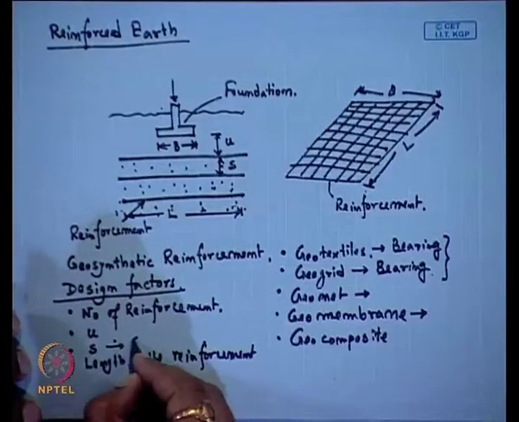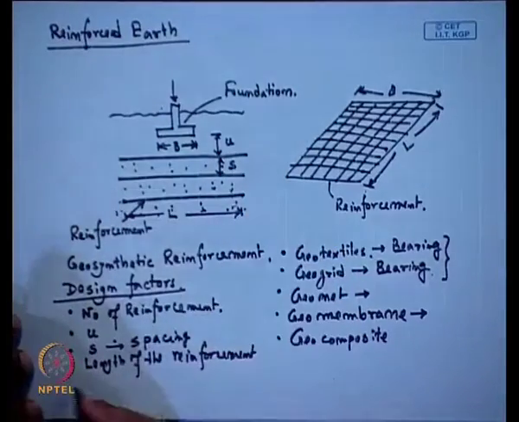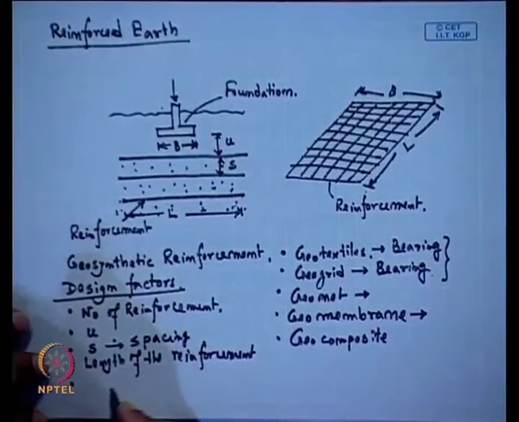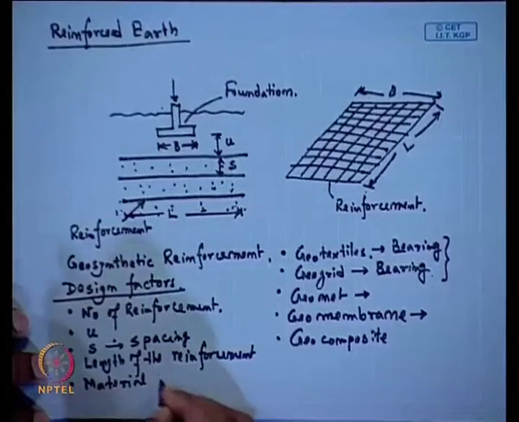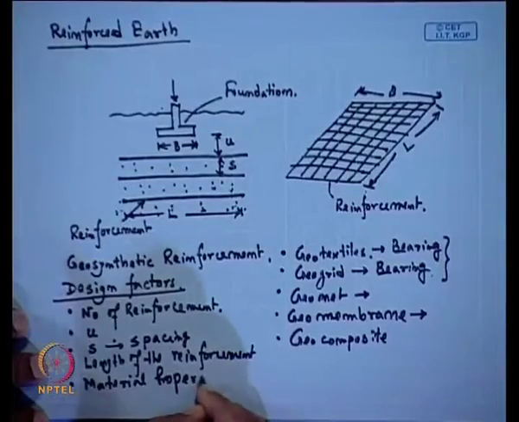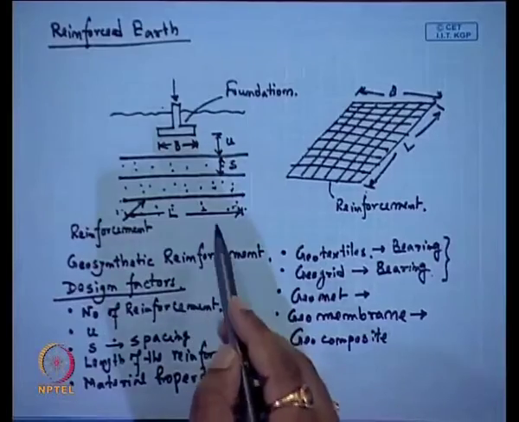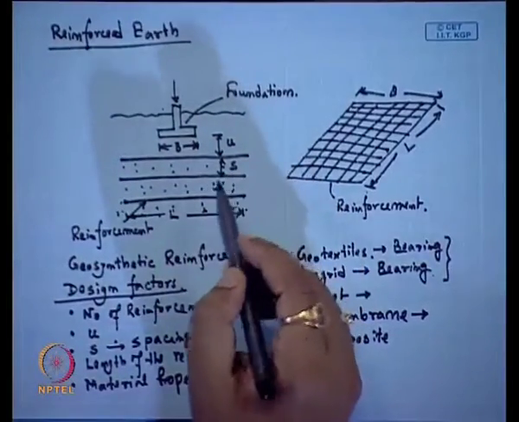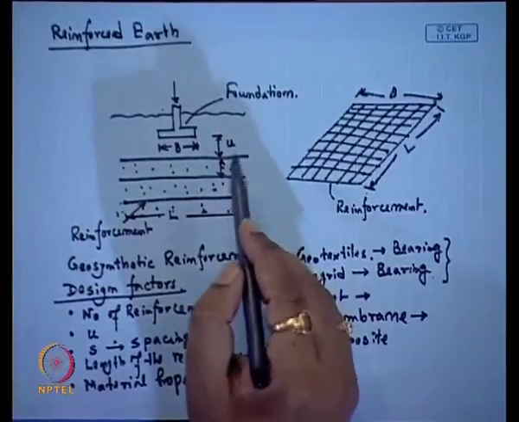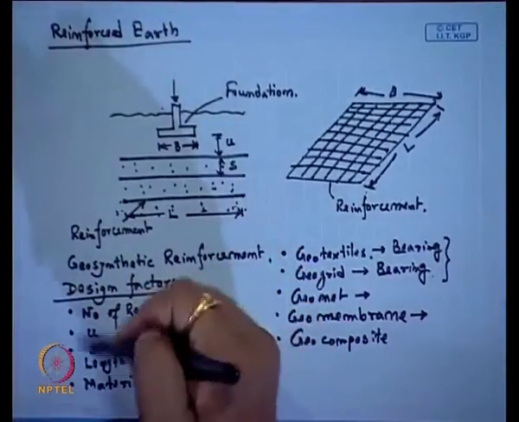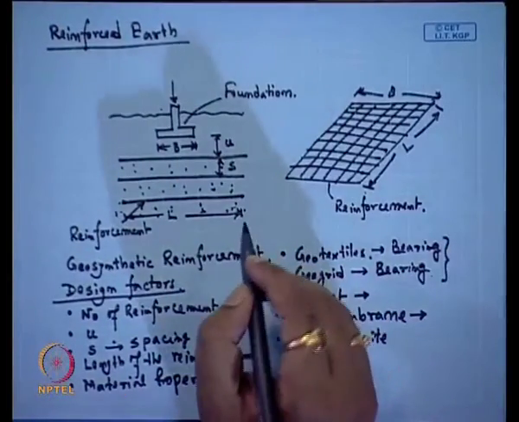Another one is the material property of the reinforcement. So, these are the design factors for the reinforcement, and obviously, as usual for the unreinforced soil, the soil properties and the load are also design factors, but these are the additional design factors that we have to consider during the design of the reinforced earth.